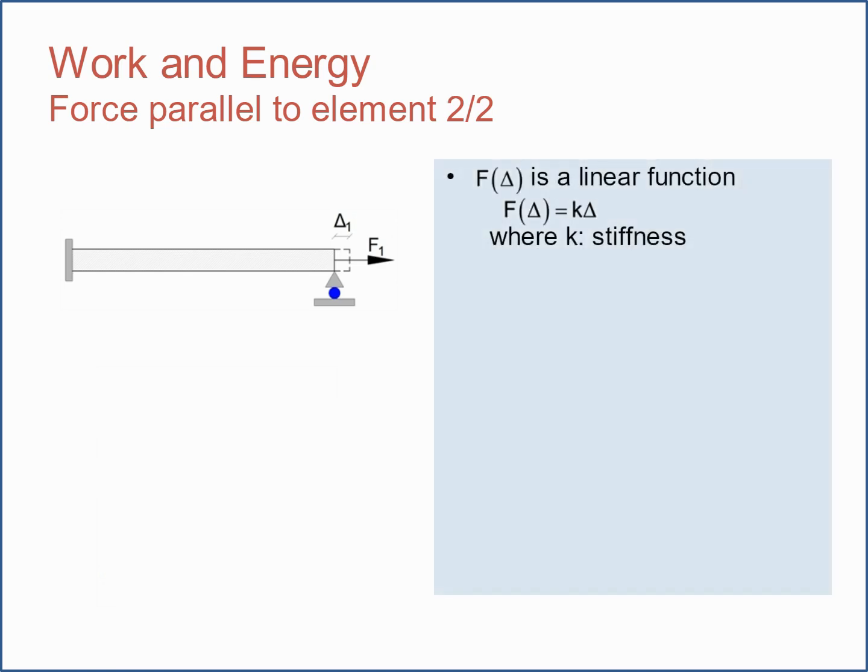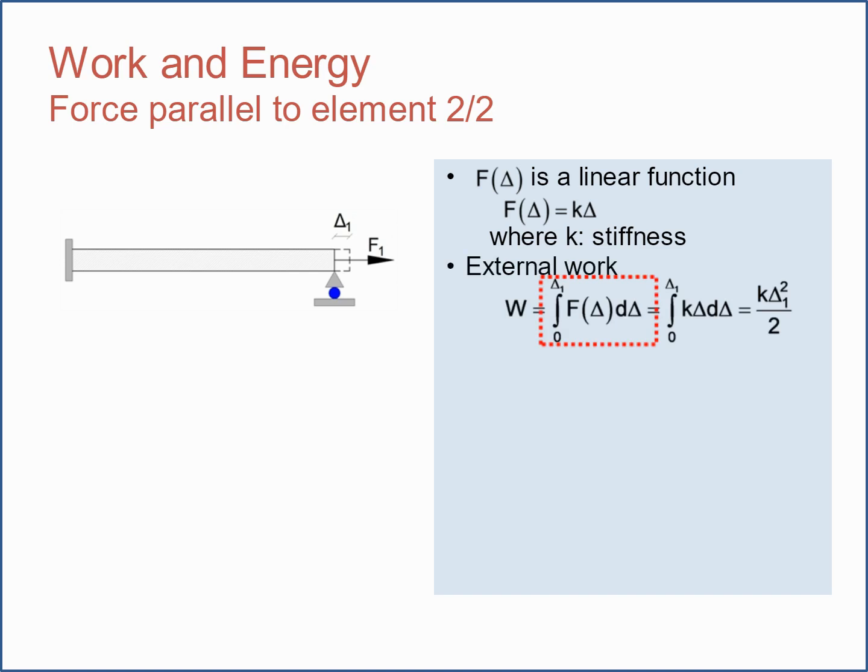We now examine the case that the forcing function F delta is linear. In this case, F delta is equal to K delta, where K is the stiffness.